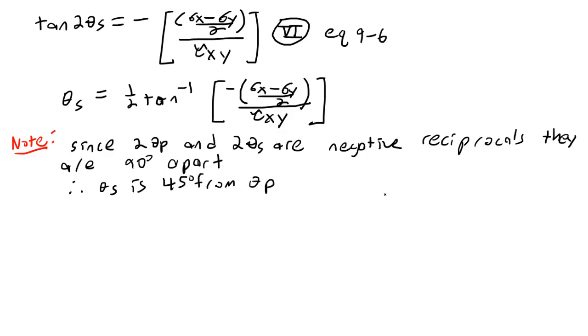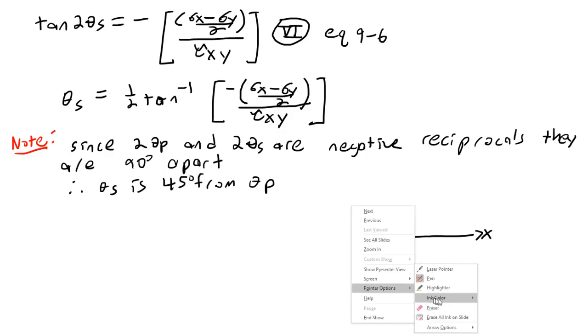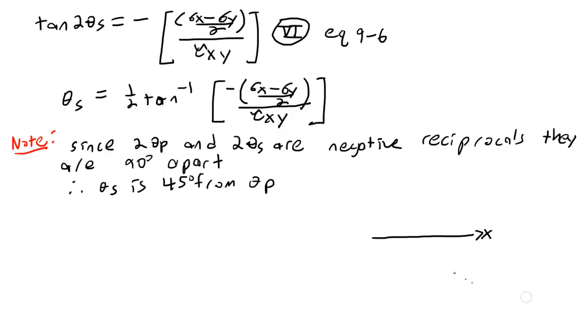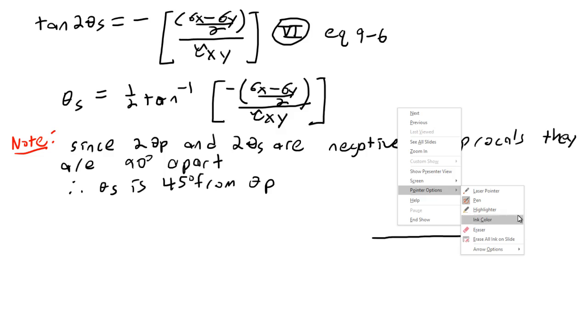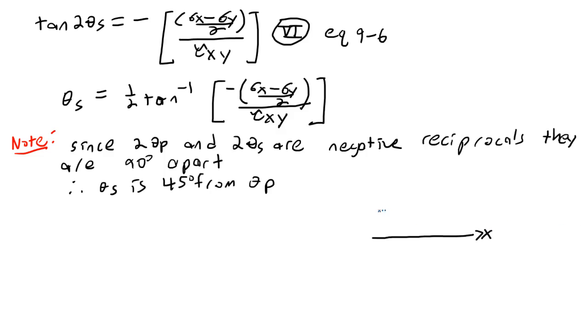So in other words, if we drew this out, say we have the x-axis here, and then here, let's say we had an x prime and a y prime. Well, actually, let me show in blue first. Say we have the theta p here, the principal theta.